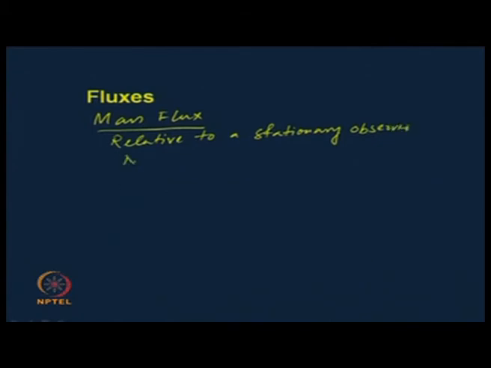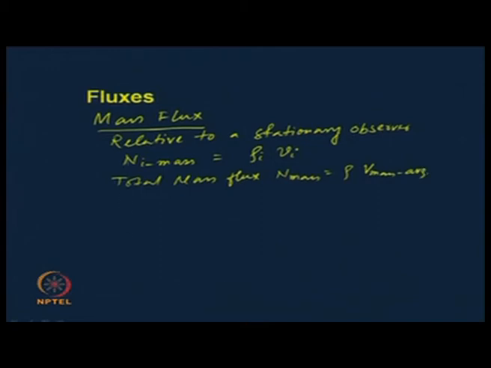So, n i mass is rho i v i, and the total mass flux n mass is rho v mass average.